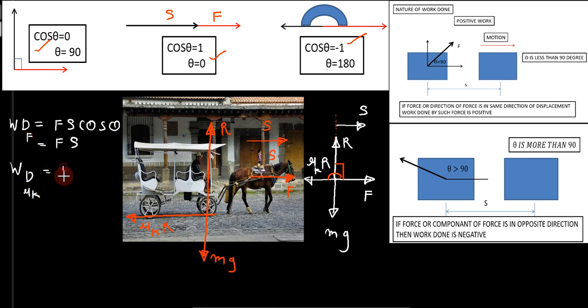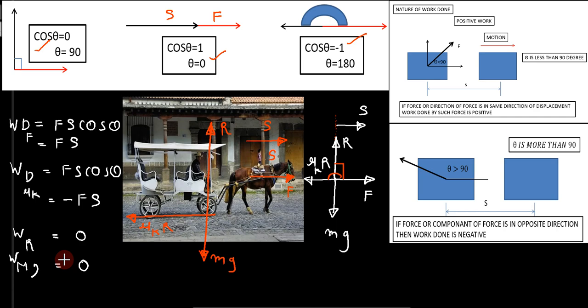So this becomes Fs cos theta, but remember angle is 180 degree, so that is why this becomes minus Fs cos theta, minus, so minus Fs, and work done by a normal reaction 0 because cos theta is 0, cos 90 is 0. Okay, cos 90 is 0, and work done by mg also 0.